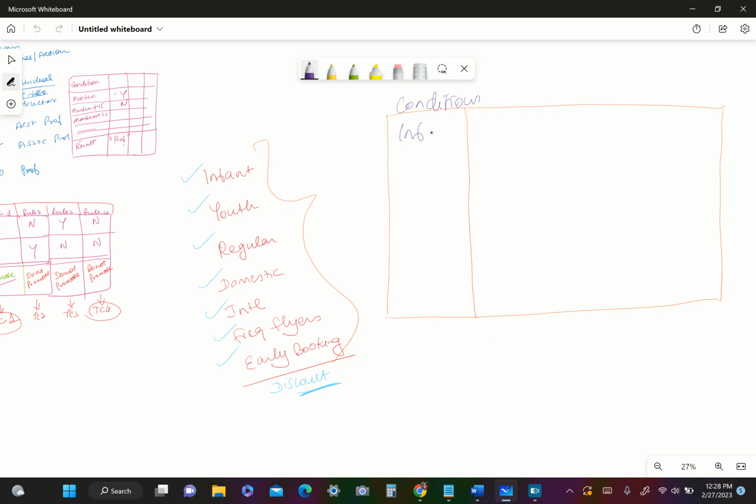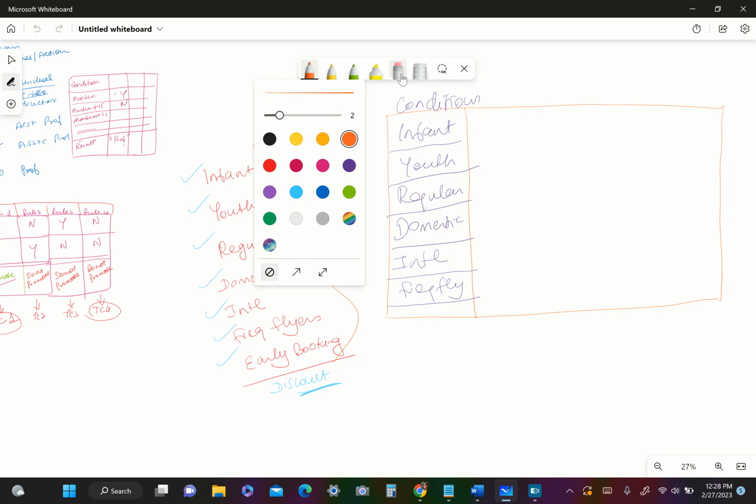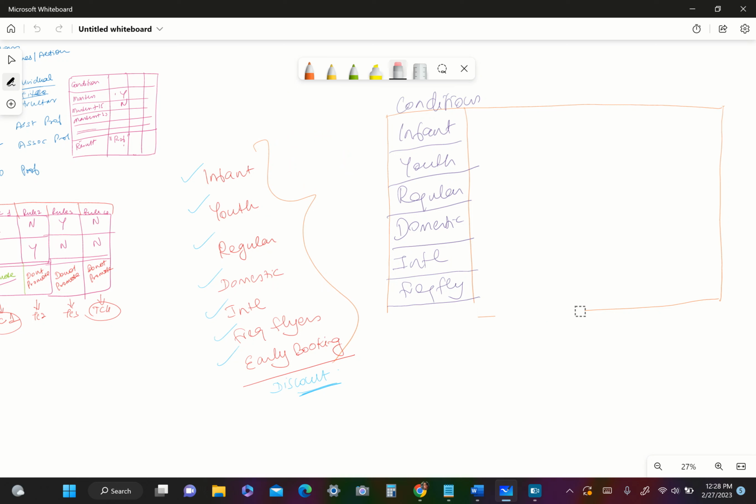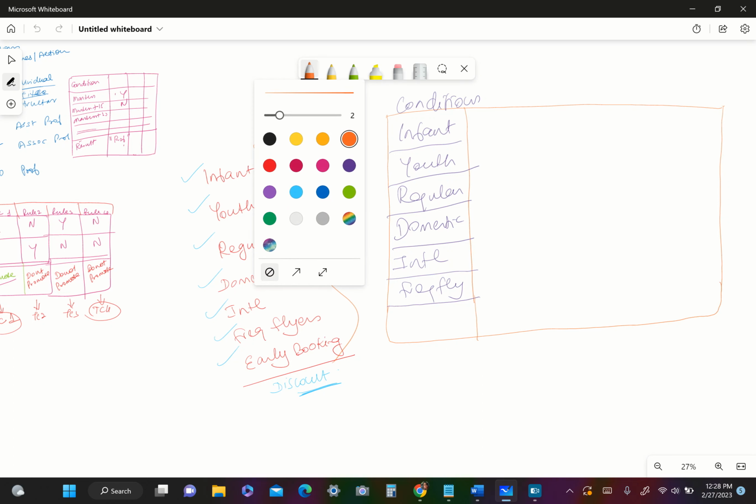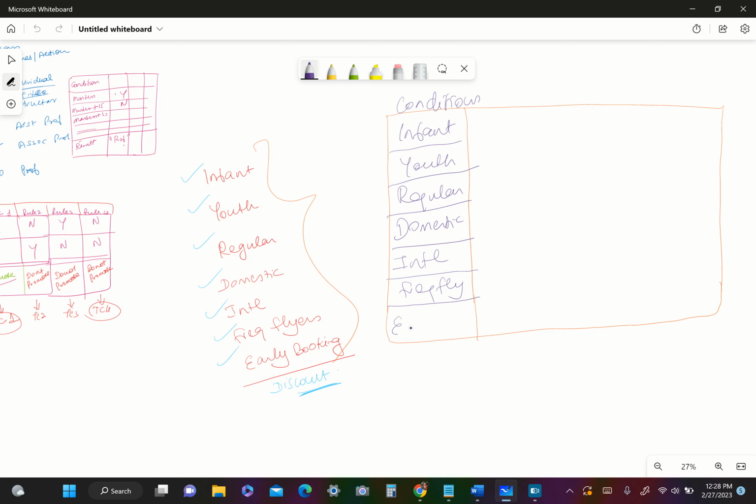So we have infant, youth, regular passengers, domestic, international, frequent flyers, and then one more condition: early booking.